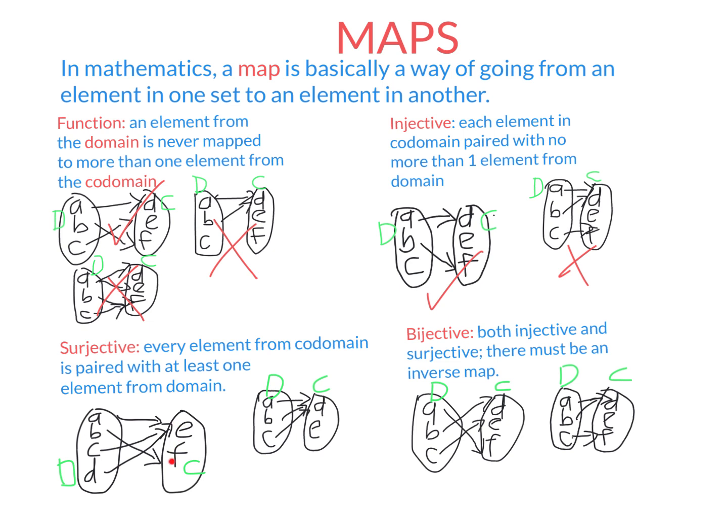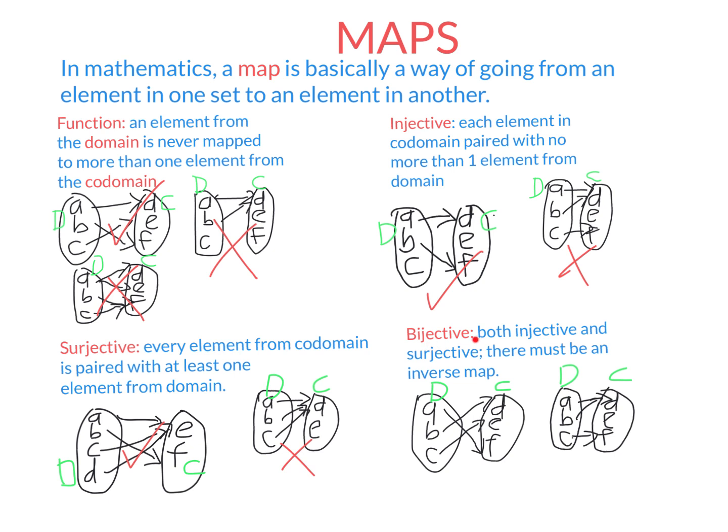So too, F has a friend, it is paired. This map here is not surjective or onto because here E is not paired. We have an element in the codomain that is not mapped to.